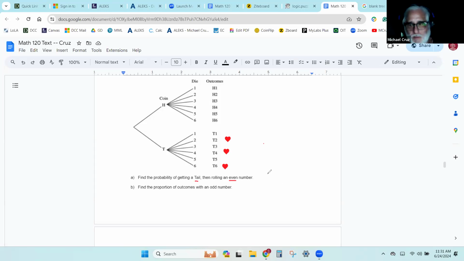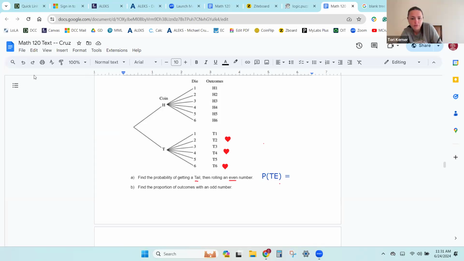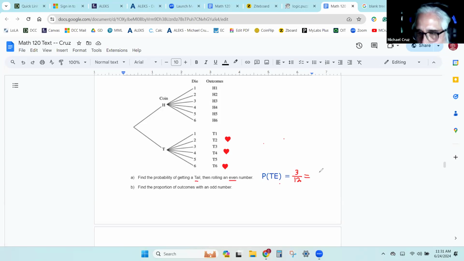So yes, the probability of tail and even is equal to 3. And how many total are there? 12. Remember, there's not always 8. It's just that there's a lot of examples with 8. This one has 12. See, 6, 7, 8, 9, 10, 11, 12. And then simplify.